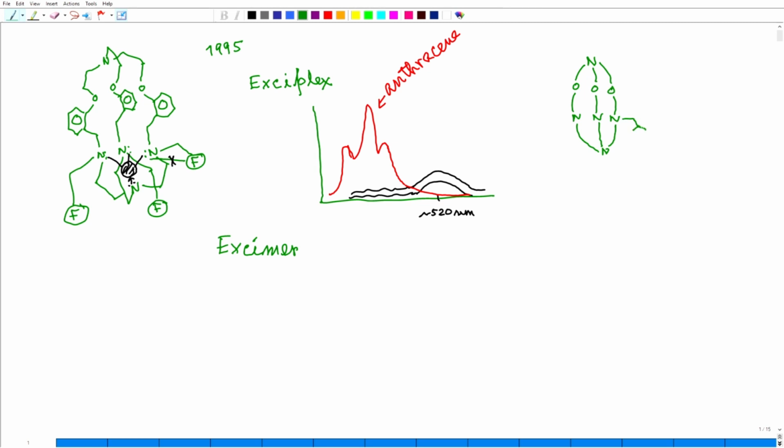So, here is an anthracene. I am not writing fluorophore, anthracene. And this, let me write F. F stands for anthracene. Now, another molecule can come.